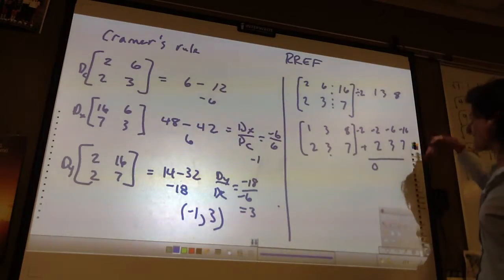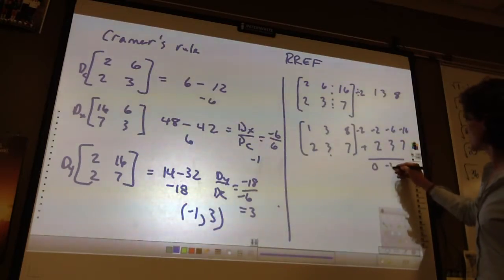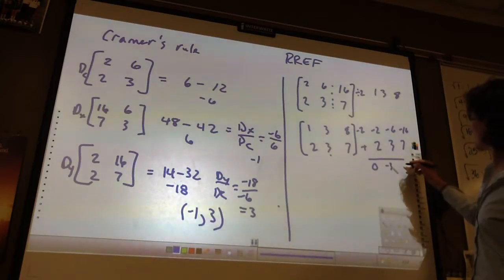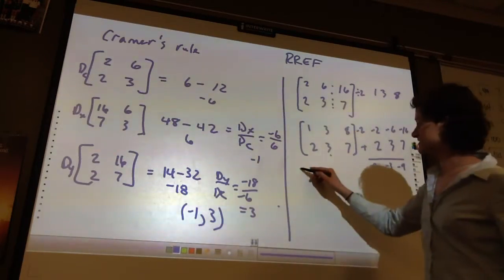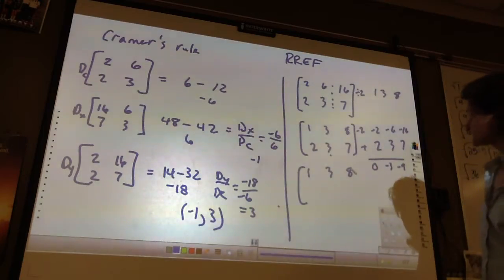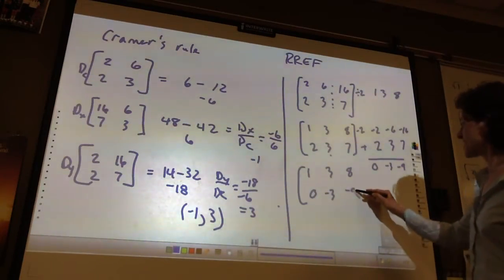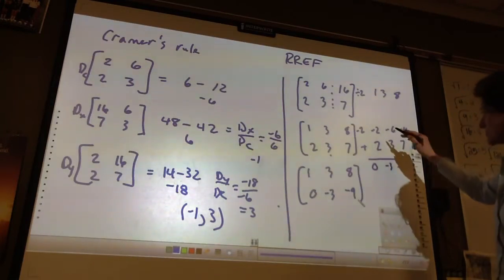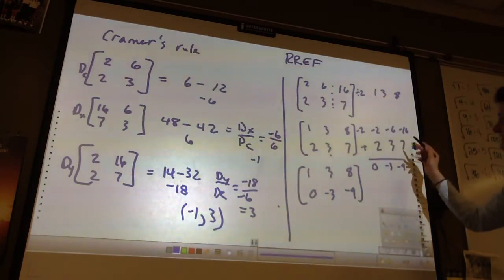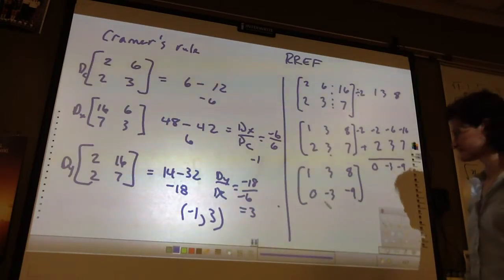Now, I still have to add all these together, just like normally with elimination. Negative 3 and negative 9. Okay, so same top row. Don't change that. 0, negative 3, negative 9. Row 1 times negative 2 plus row 2 puts a 0 in that corner.